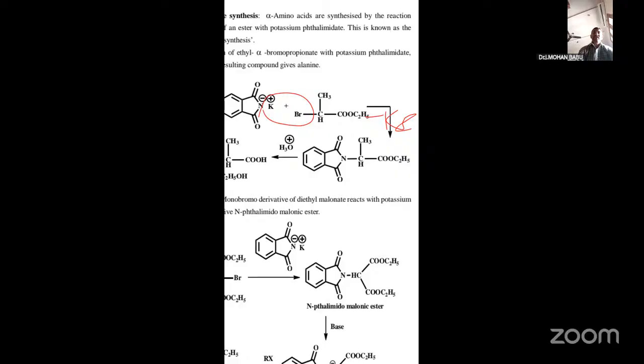So we get the N-substituted phthalimide. The N-substituted phthalimide is obtained as an intermediate compound.